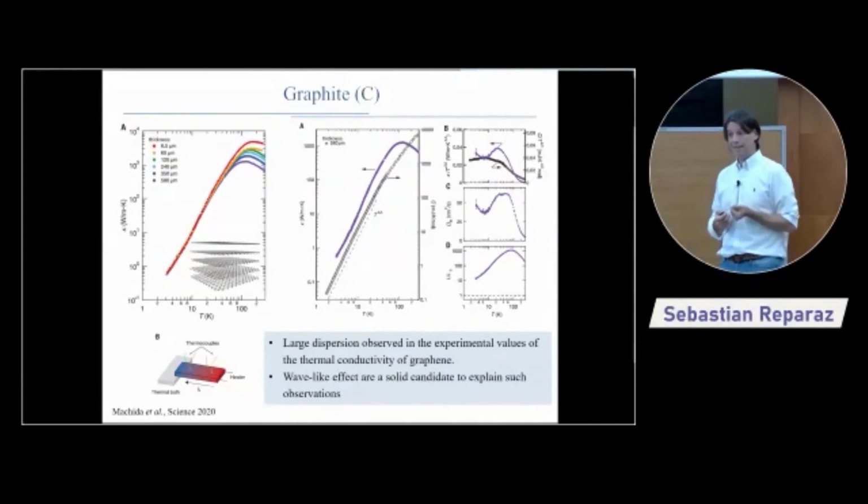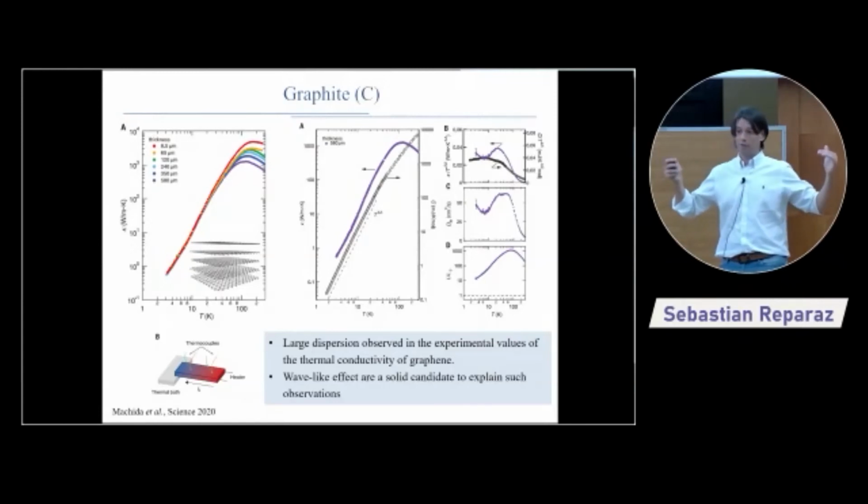And one of the proposals there, which was based on the work that I already described, to finish in the next slide, was that one of the possibilities which can explain the dispersion in the thermal conductivity of graphene, not the value, but the dispersion between different experiments, is the existence of wave-like heat transfer. You may recall that in the case of graphene, you have thermal conductivities that go all the way up to 1 or 2,000 watts per meter Kelvin, and one of the initial explanations there was that you have this set of ZA phonon modes, which are due to the two-dimensional nature, and these modes have a quadratic dispersion, which means low propagation speed, but very high density of states.